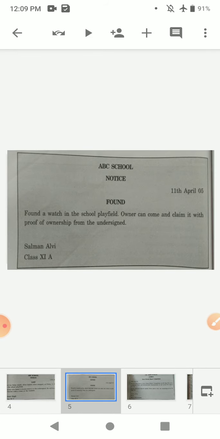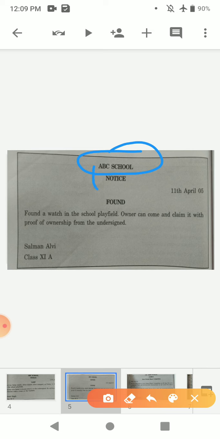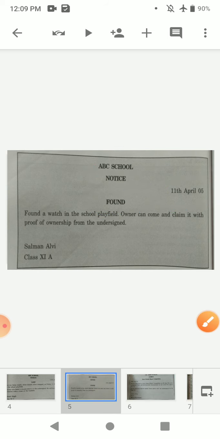Now look here, this is one more notice. ABC school means this is the name of the organization. Notice is written here, so everything which is written here comes inside a rectangle box. So date is mentioned here, and here it is written the title, the heading of this notice is found. That means this is something which has been found.